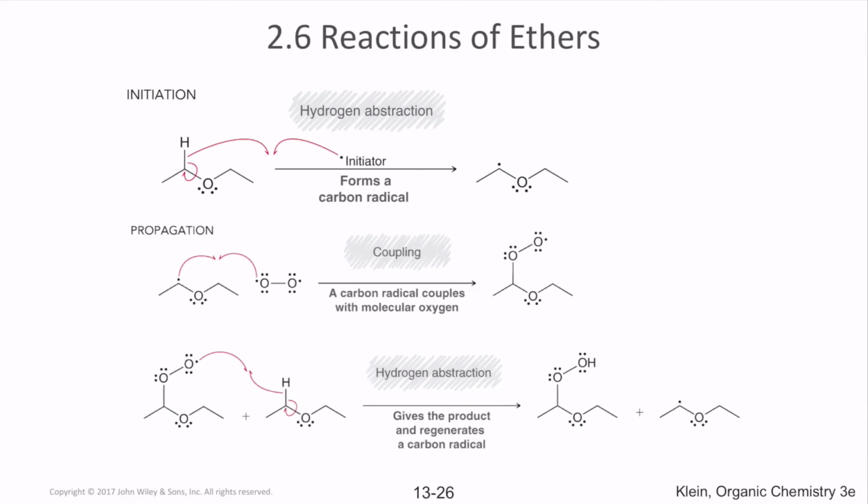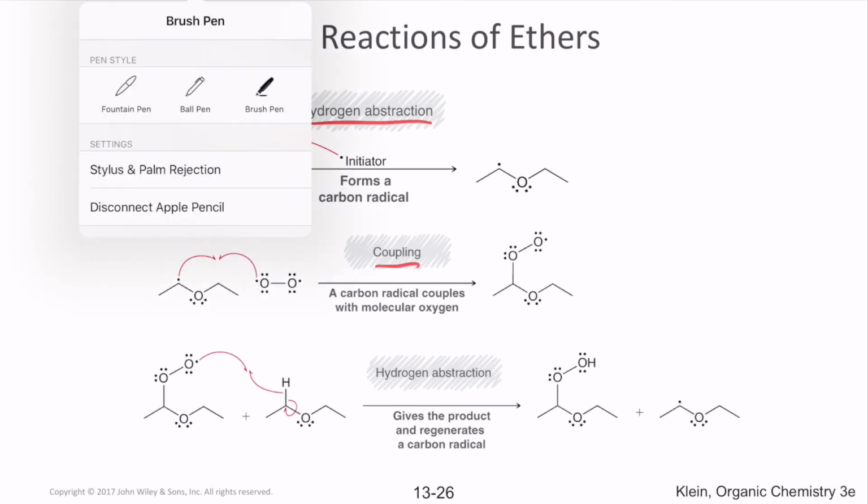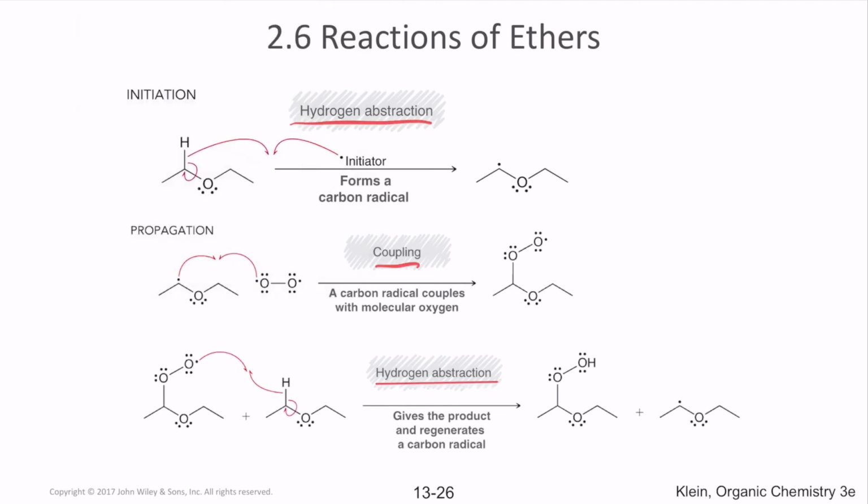Let's take a look at this mechanism. There are 3 steps in this radical reaction: the first is hydrogen abstraction, the second is coupling, and the third is hydrogen abstraction again.